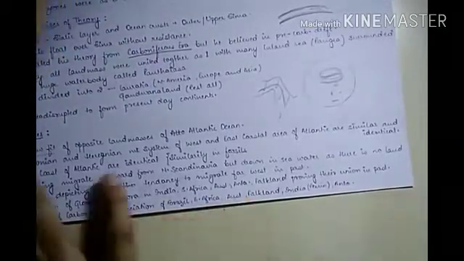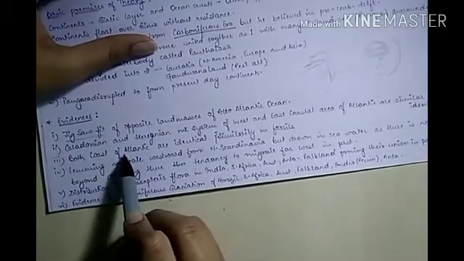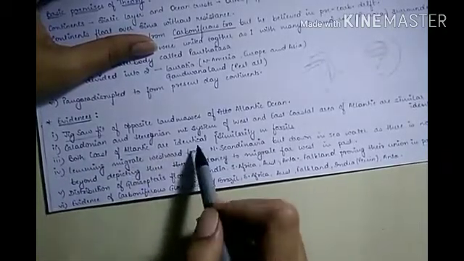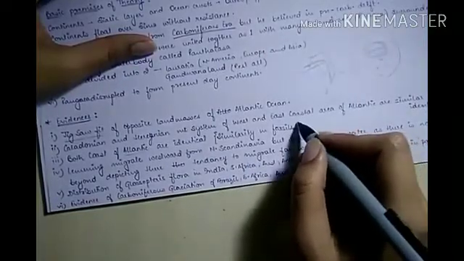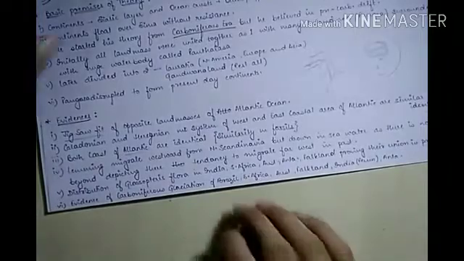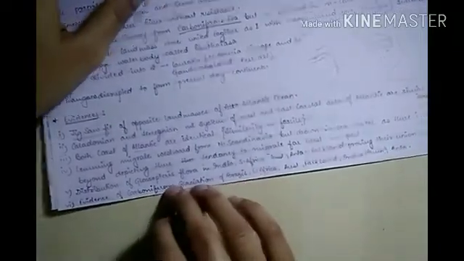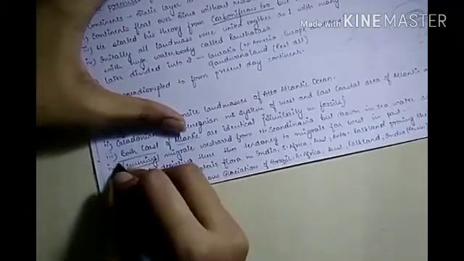Next, both coasts of the Atlantic are identical, as they have similar fossils, similar rock structures, similar flora. Next is the lemming. Lemming is actually a small animal.